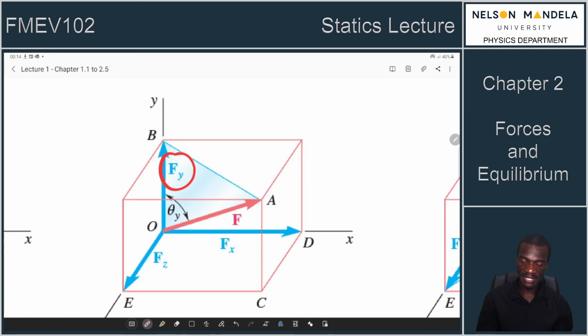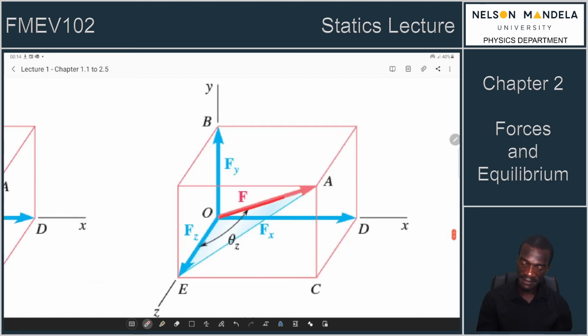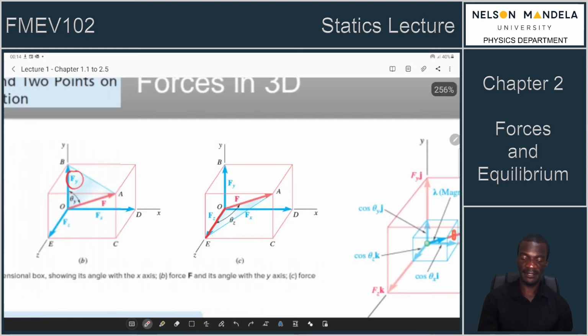Therefore, we have this Fy. Then the same applies for Z. We simply have the same force between points O and A. That force lies in some plane that can be created by the Z-axis and the force. Then the angle between them is theta Z.